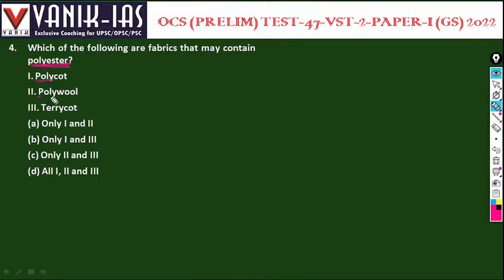Here it is also poly. Here is also poly. Terracotta, we have heard that it is not completely cotton. Some poly materials are also there. We know that terracotta is not completely cotton, so that may contain. Whenever you see 'may', then the chances are highest. So here all the options are right. May contain polycotton.